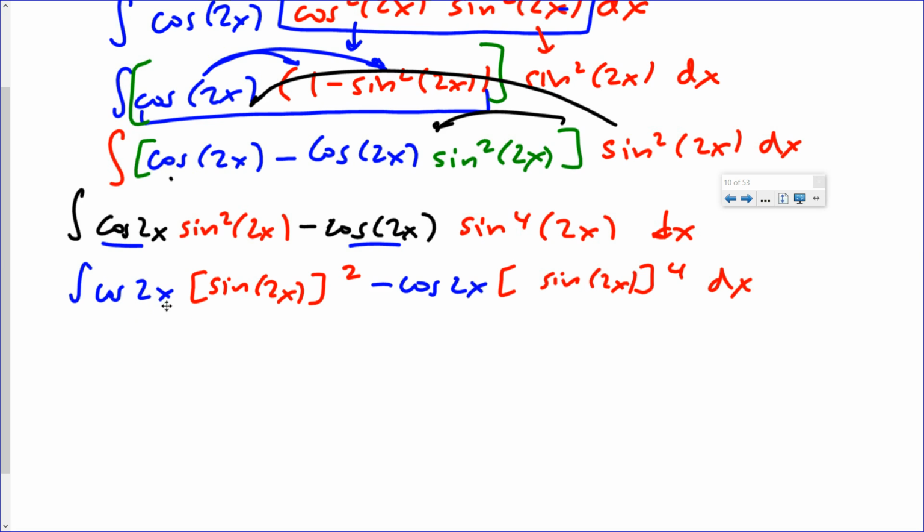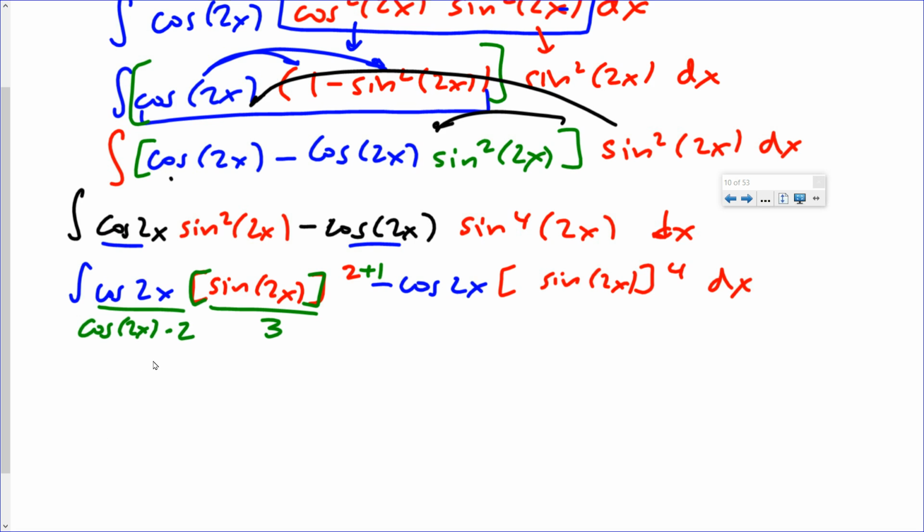I saved the cosine. I changed everything to sine, and what happens here is that if I make the sine my u, you add 1 to the exponent, divide by 3, and divide by the derivative of sine u, which is cosine u times du dx. So this is going to be divided by cosine u times 2.